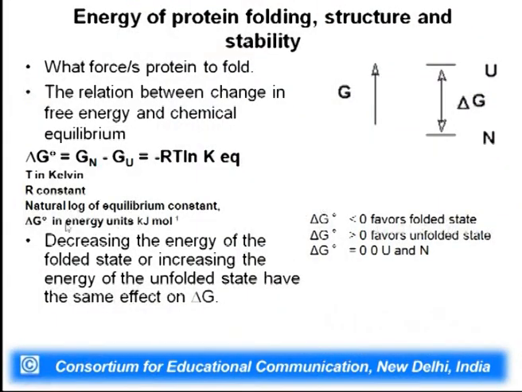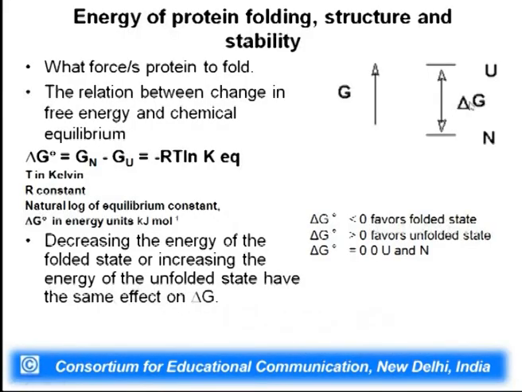So, we say that decreasing the energy of the folded state or increasing the energy of unfolded state, we are not going to cause any change in the delta G because it is just the difference between the two. So, this is going to be delta G without any implication, either you subtract U minus N or N minus U, you are only looking at the change.